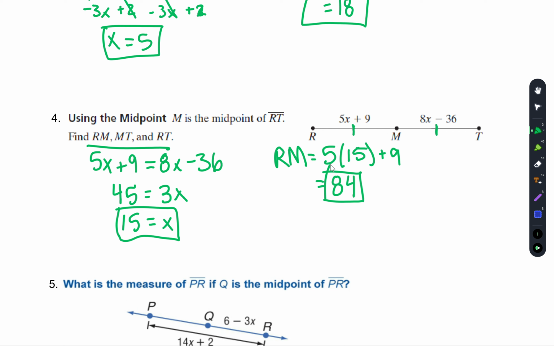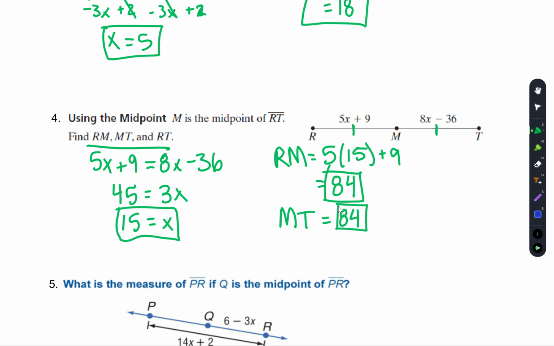So what's an easy way to know what MT is? It's what? They're equal. We know they're congruent. It's the midpoint. We said that in the beginning. So instead of doing any work, I know MT must be 84. If you do the work, it's a good way to check and make sure that you're right, because if you don't get the same answer, you know you did something wrong.